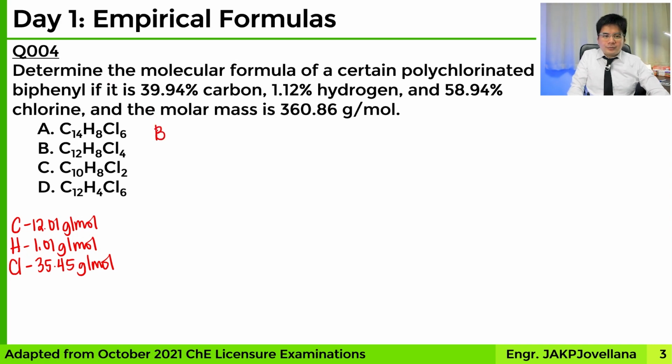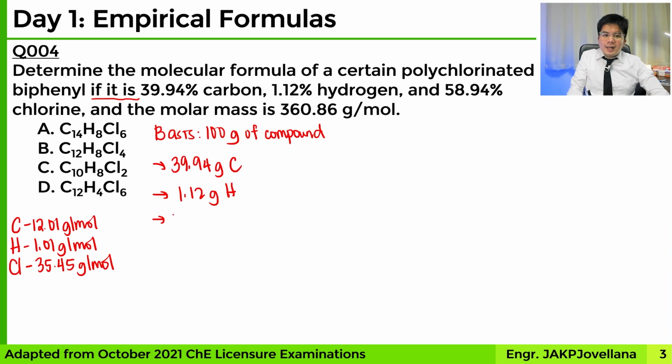To solve problems related to empirical formulas, we can first set convenient bases. For example, let's have a basis of 100 grams of this compound. Assuming that the composition is on a mass basis, if we have 100 grams of the compound, then it follows that we have 39.94 grams of carbon, 1.12 grams of hydrogen, and 58.94 grams of chlorine.